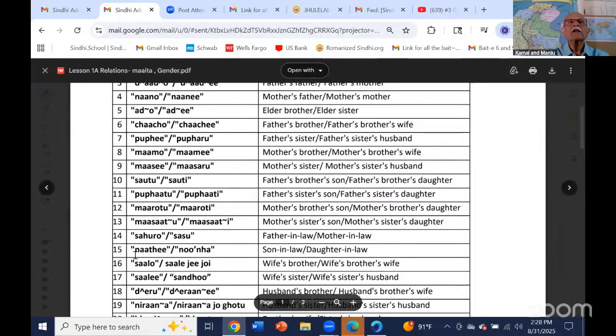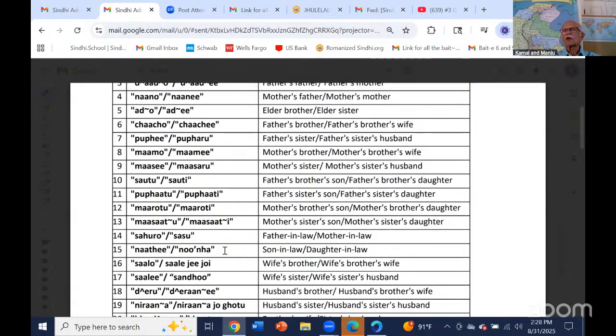Okay, then Nati, Nuha. Now, Nati is what? Son-in-law, which is daughter's husband. Nati. And Nuha. Nuha is daughter-in-law.